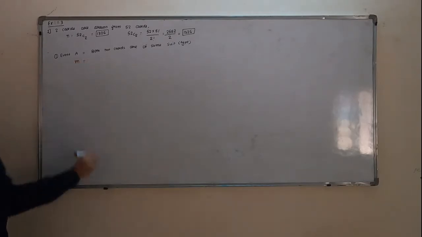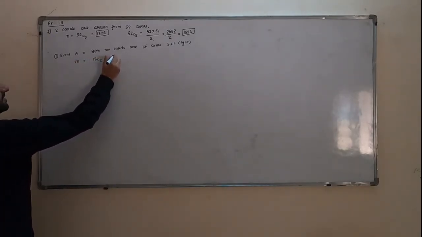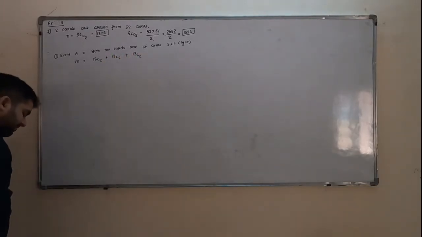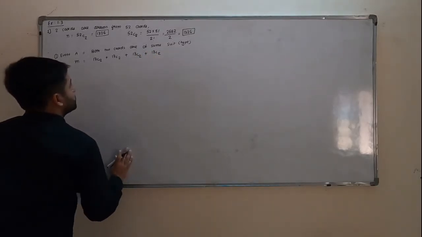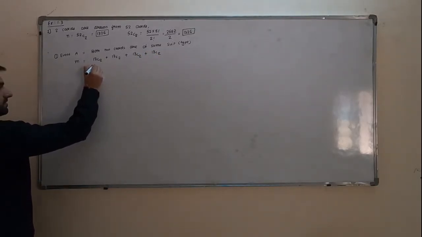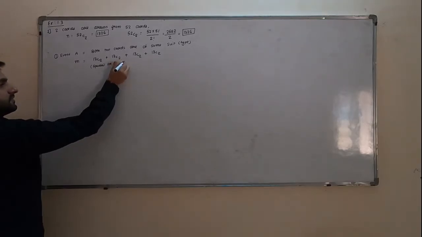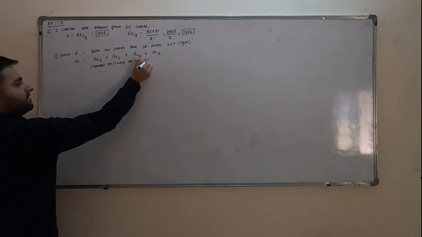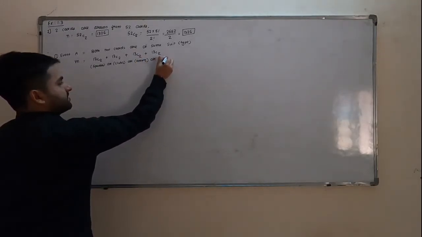Favorable outcomes m is equals to 13C2 plus 13C2 plus 13C2 plus 13C2: spades or clubs or hearts or diamonds.